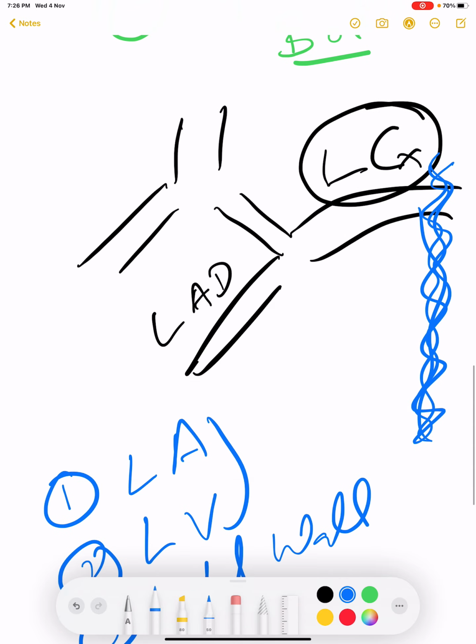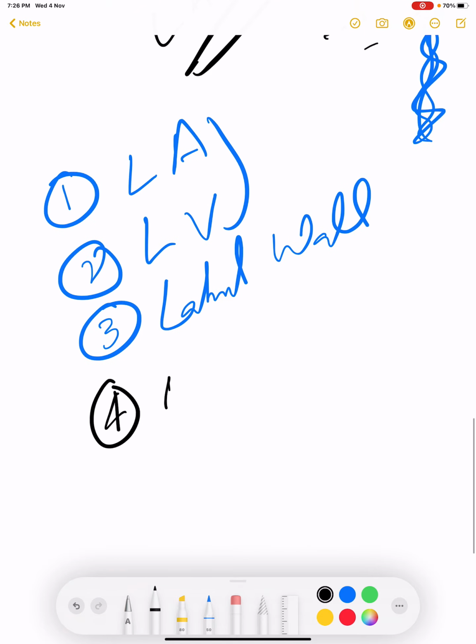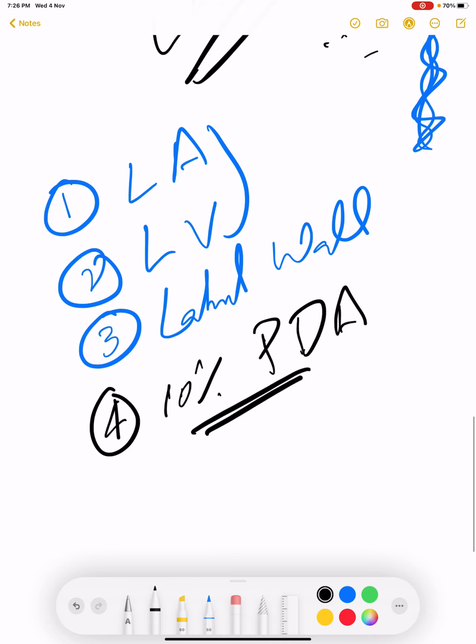Then it continues posteriorly, and in only 10% of cases it will make posterior descending artery.